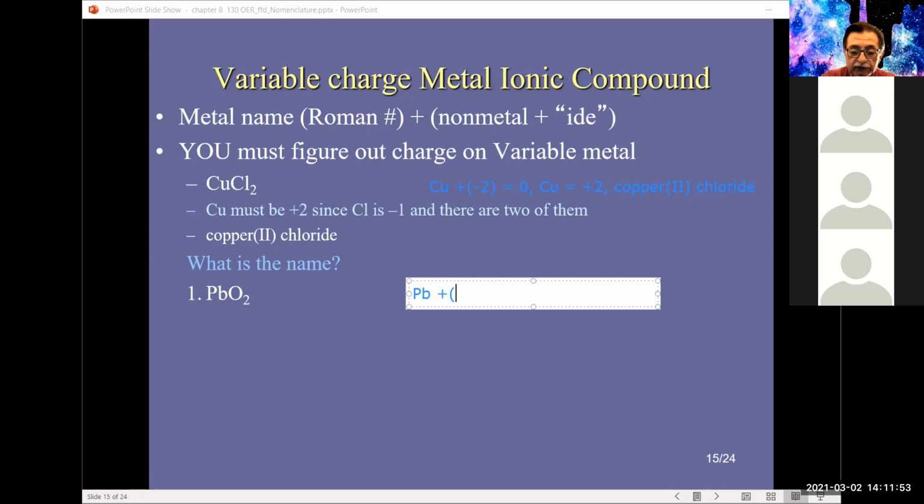So that gives me a total of -4, does it not? That means there's a total of -4 for both oxygens. What does that infer? That lead must be a +4. And so its oxidation state is a Roman numeral 4.